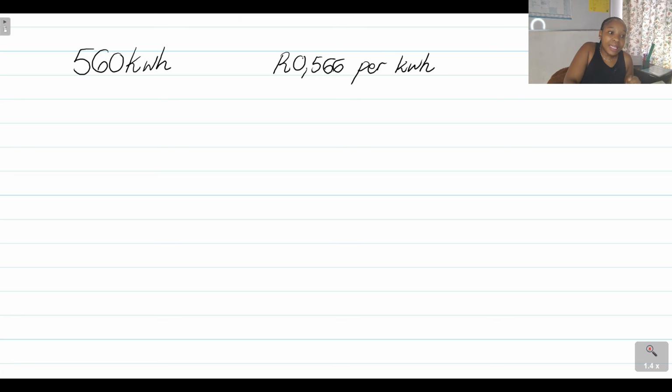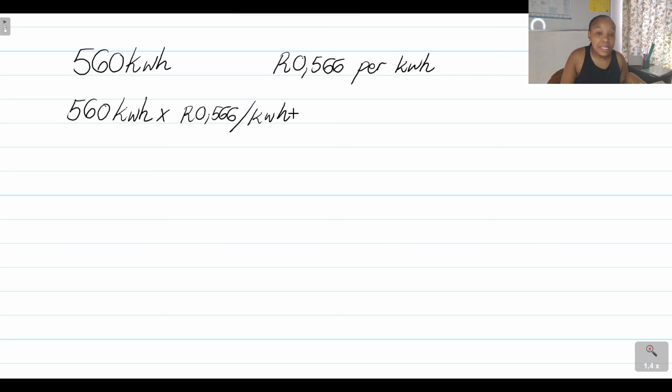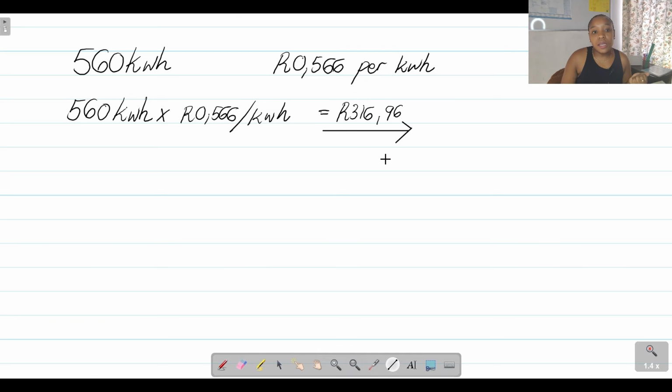You would just take that 560 kilowatt hours and multiply it with 0.566 per kilowatt hour used. All right. And if you punch this into your calculator, you will get 316 rand and 96 cents.